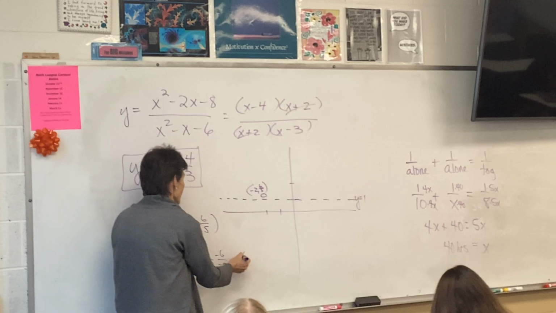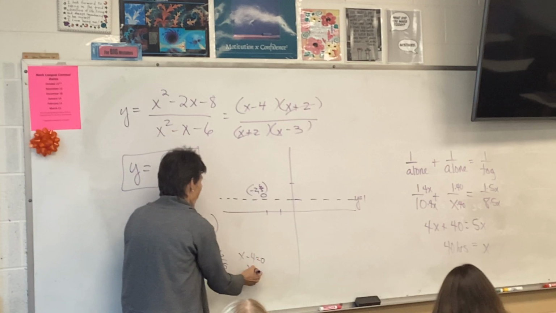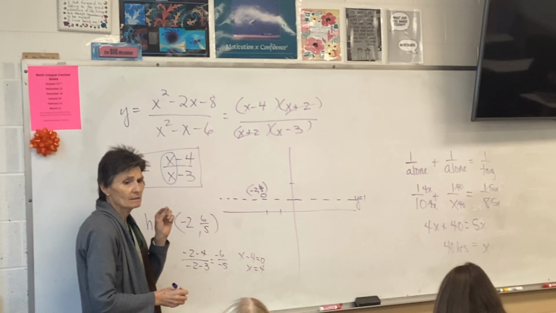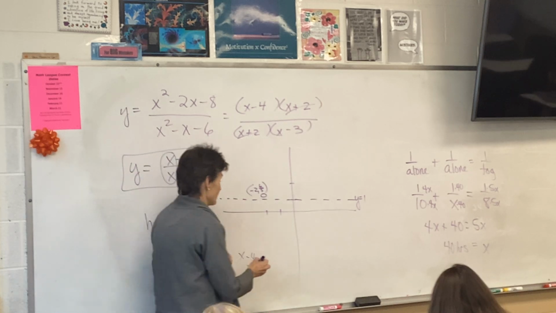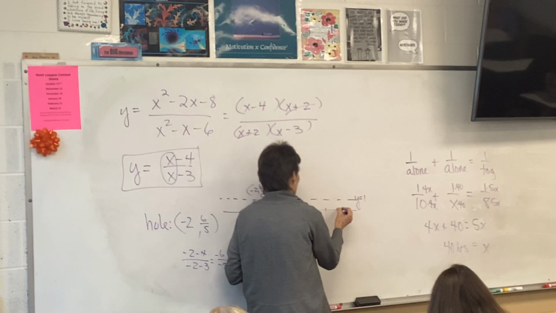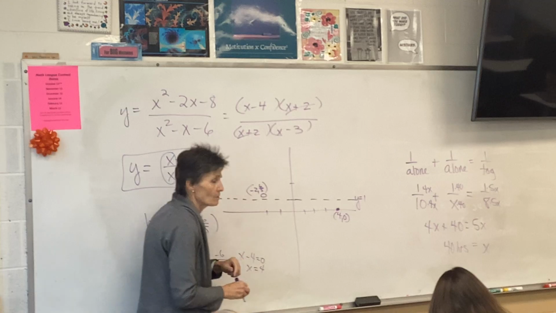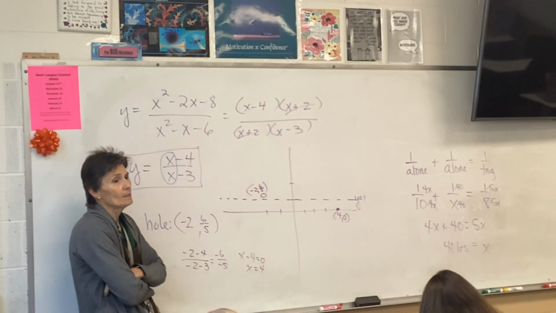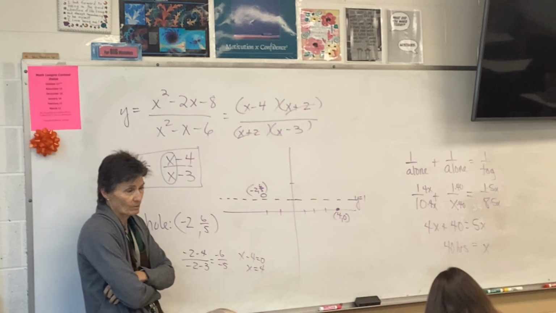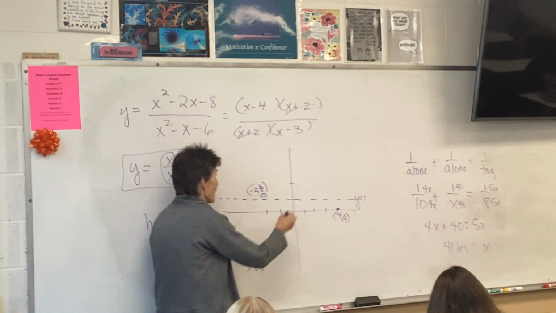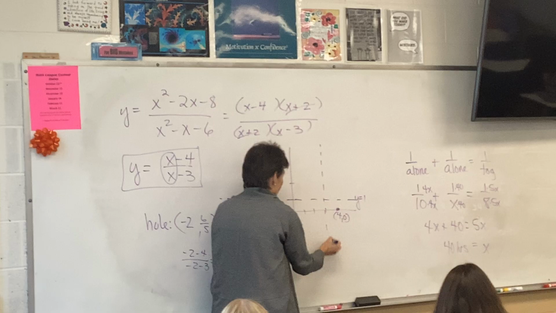Numerator equals 0 at 4. What is that? That's the x-intercept. So my x-intercept is at 4. Numerator gives you x-intercept. What does denominator give you? Vertical asymptote. So that would be at x equals 3.